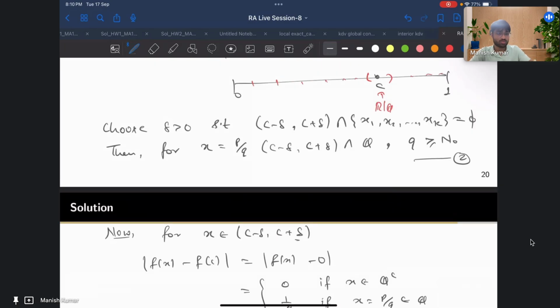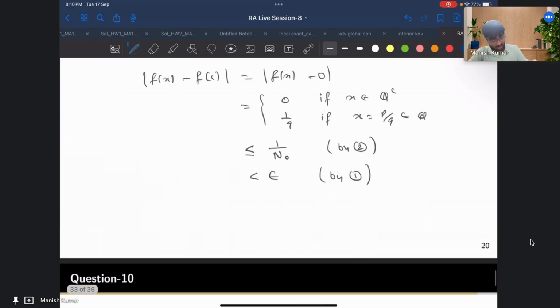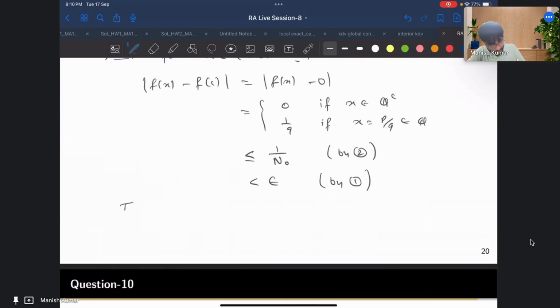So we know that there will exist some delta. So this proves f is continuous at x equal to c.